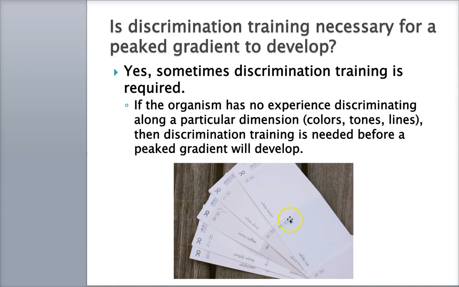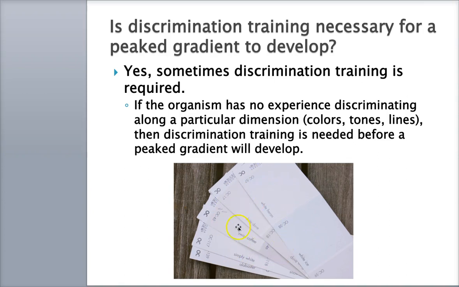The reason I put this picture here is because I wanted to give you a real-world example of this. So these are paint swatches from the paint store, and if I were to ask most of you what color they are, if I crossed out the little colors and asked you what color are they, and I held them up one at a time, you would say that one's white, and that one's white, and that one's white, and that one's white, and you would do it over and over and over again because they all look white.